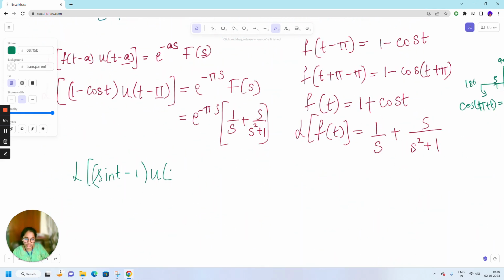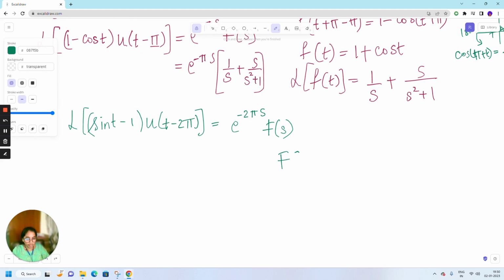Yes, t minus 2 pi. What do you have in place of a? I have e to the power minus 2 pi s. Okay, in place of a I have 2 pi. Let me find out what is f of s now.